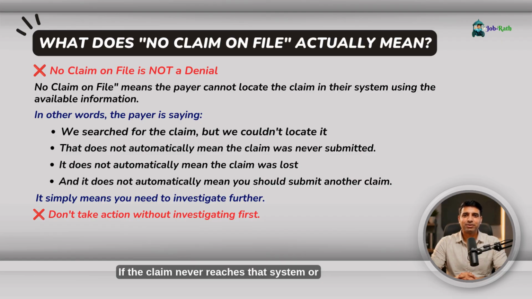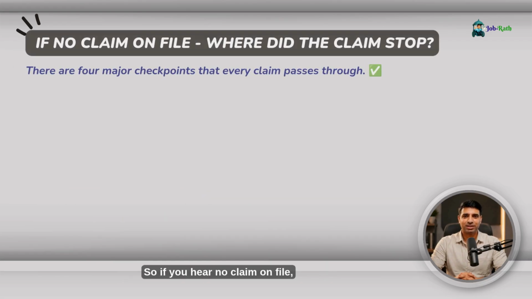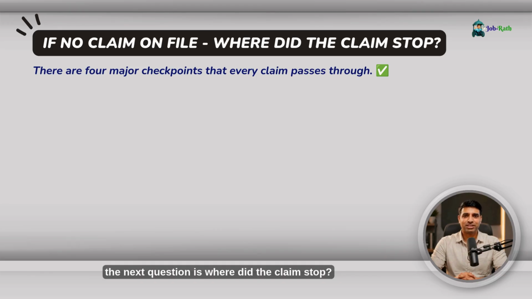If the claim never reaches that system, or if it cannot be found using the available information, the payer cannot process or pay the claim. So if you hear "no claim on file," the next question is, where did the claim stop? To answer that question, you need to understand the four major checkpoints every claim passes through.